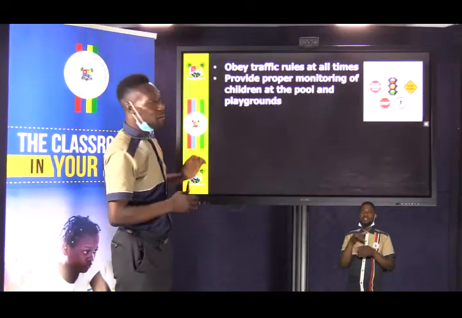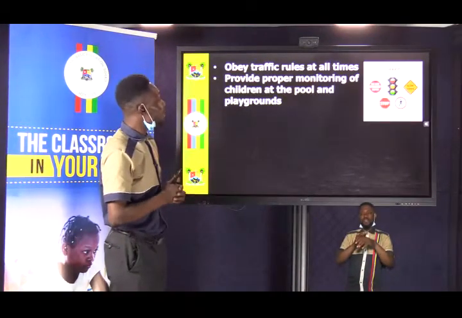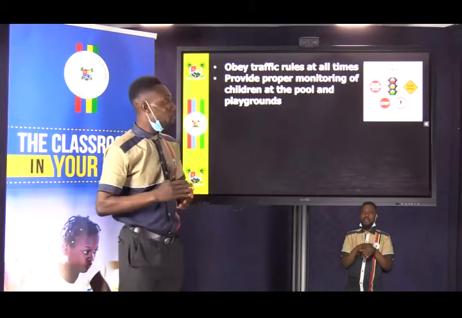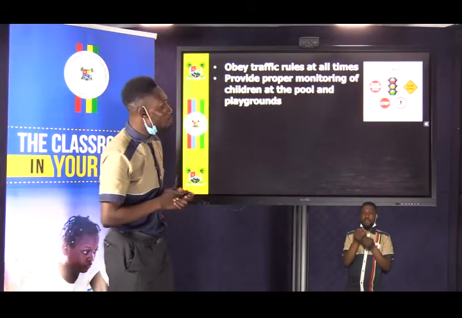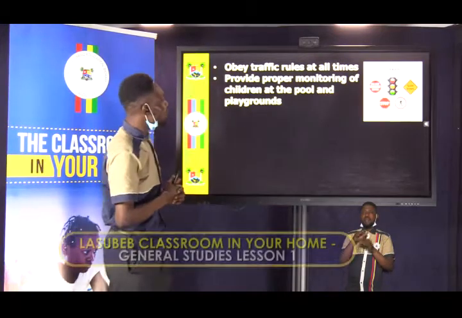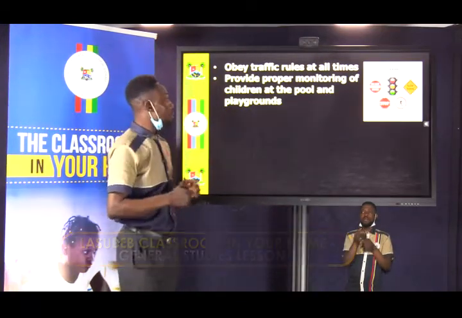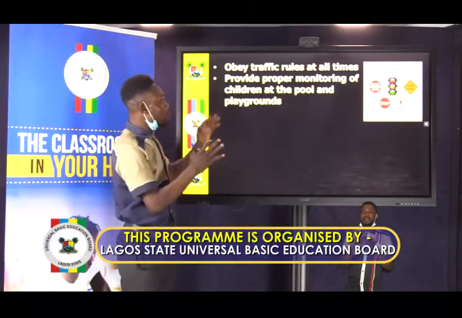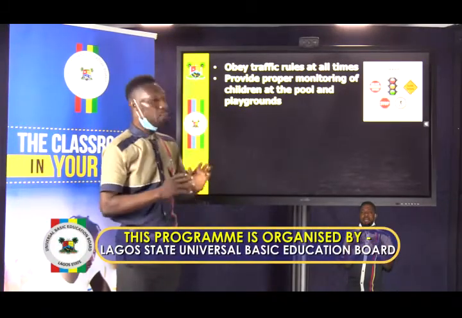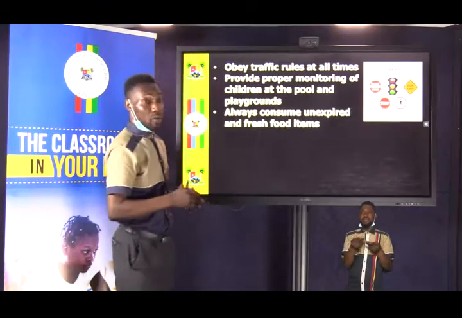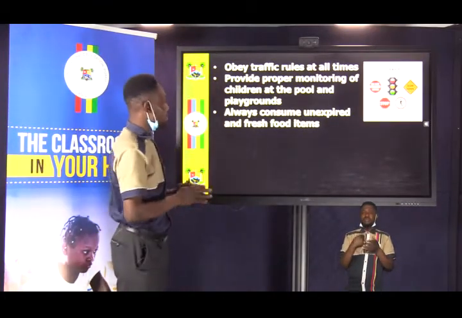Still talking about safety precautions, next one is obey traffic rules at all times. It's very important you obey traffic rules at all times. Next one is provide proper monitoring of children at the pool and playgrounds. It's very important too. The children need to be monitored while at the pool or playing at playgrounds. So by doing that, we are trying to prevent accident from happening.